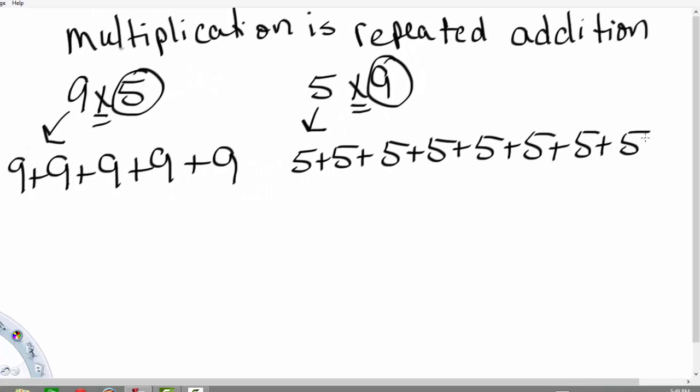Let's see, do I have enough 5s here? 2, 3. Oops, I need to add one more 5. There we go. If we add up all the 9s, we'll get 45. And if we add up all the 5s, we'll get 45. So when you're working with multiplication, remember that you can always move the numbers around and you'll get the same answer.